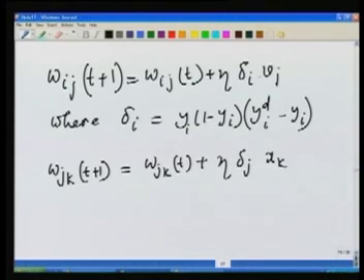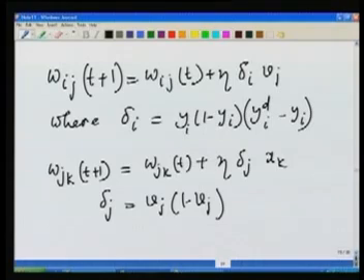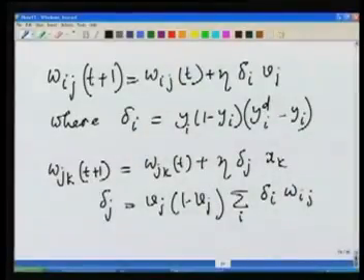You see that it has a very nice formula where delta j is V j into 1 minus V j into sigma delta I W I j over I. So, I give this as an exercise for you to derive this weight update equation.